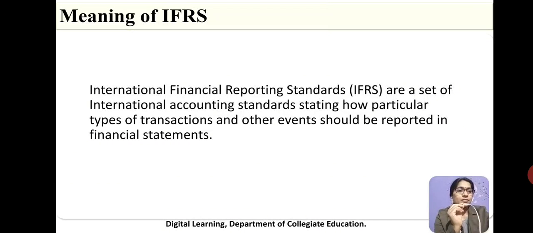Only thing here we have this term of international coming into picture, isn't it? Even accounting standards are set of guidelines to prepare the financial reports, how to treat certain items, how to prepare, what should be the format, what should be the framework. Same way, we have the set of standards which is accepted internationally.